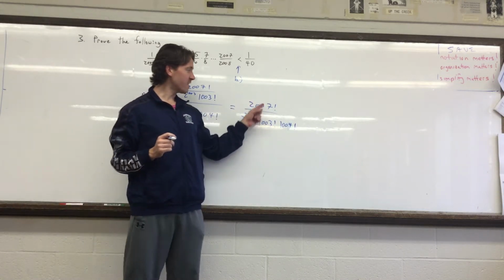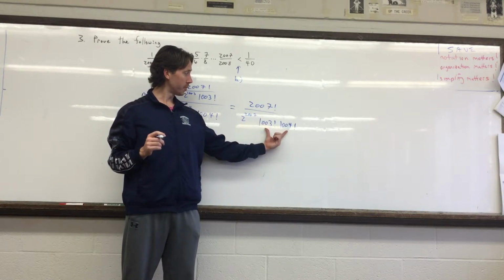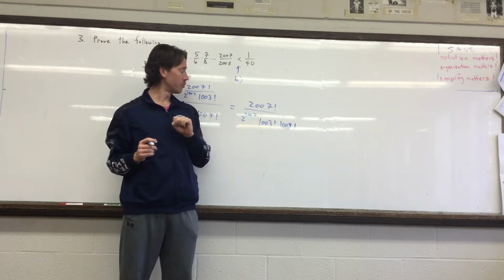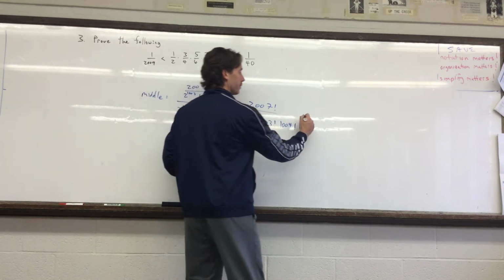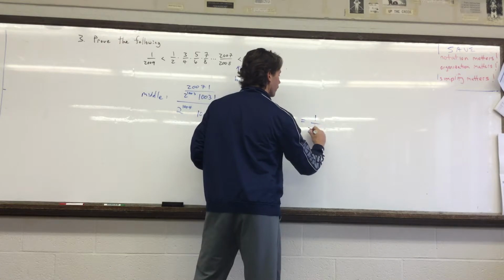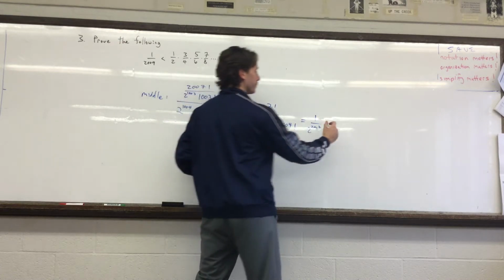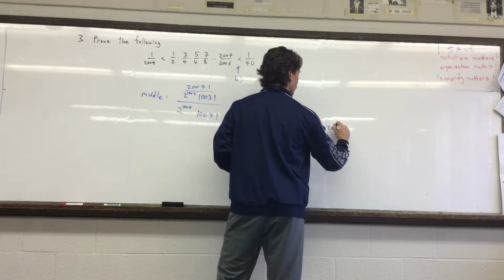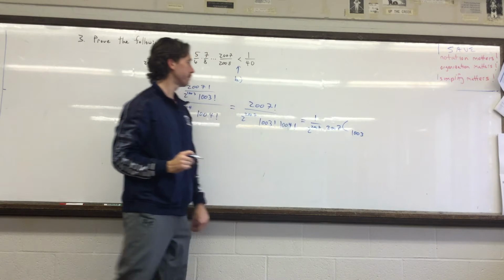And when you see an expression like this with factorials of numbers that add up to the number in the numerator, this looks like a combination, right? So this is exactly 1 over 2 to the 2007 times 2007 choose 1003.